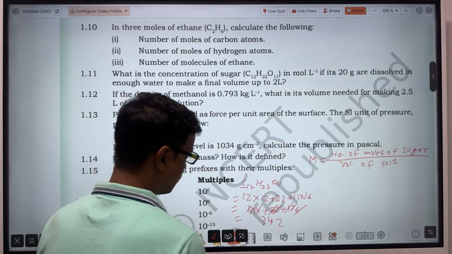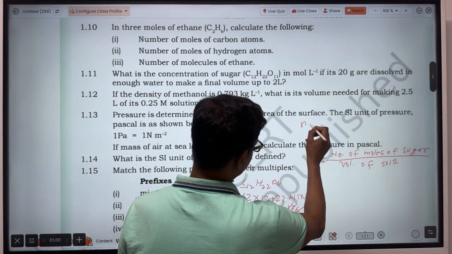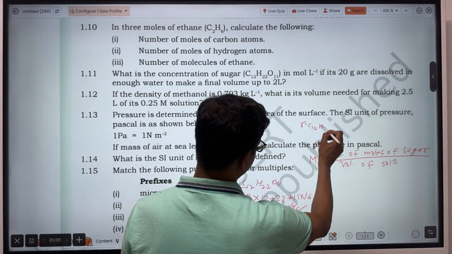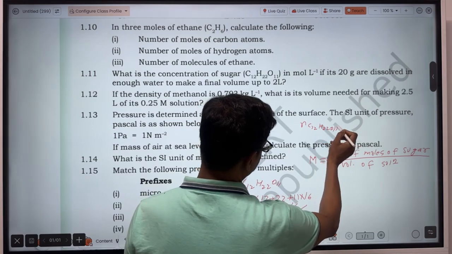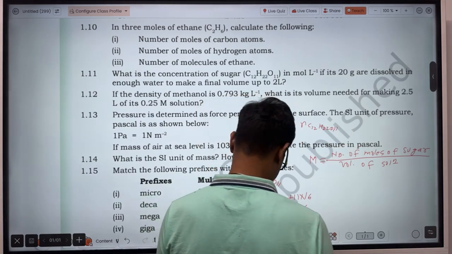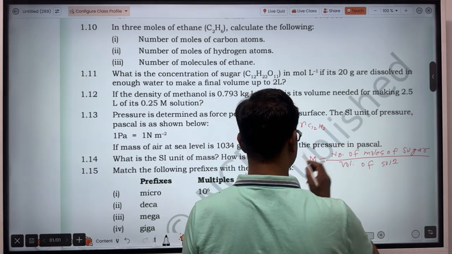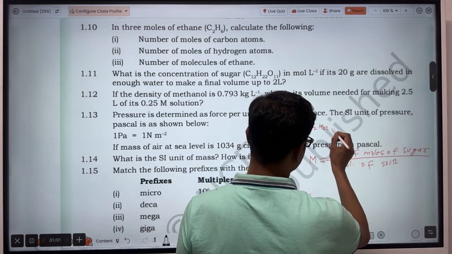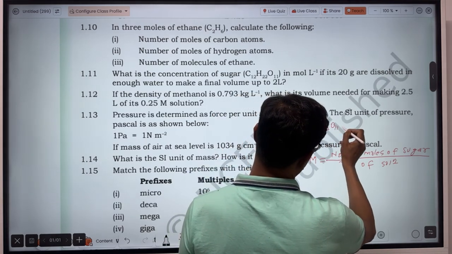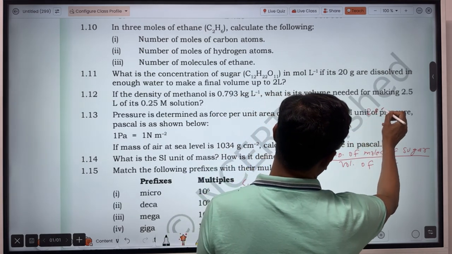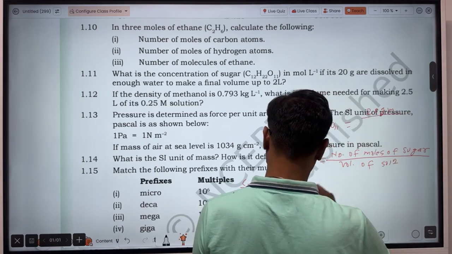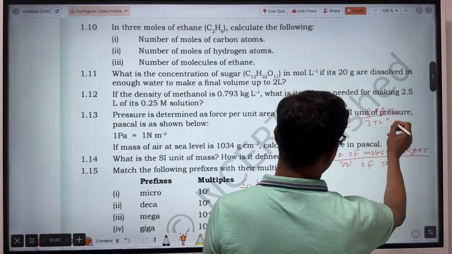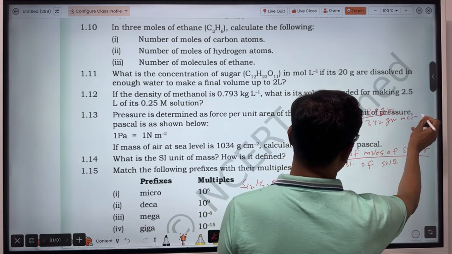342. So number of moles of sugar will equal 20 gram upon 342 gram per mole.